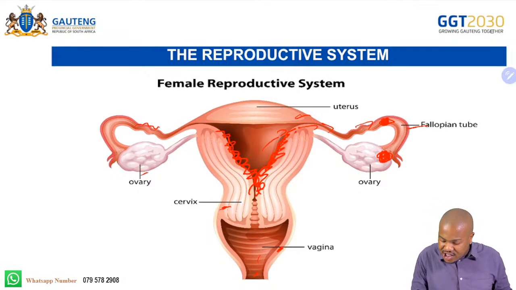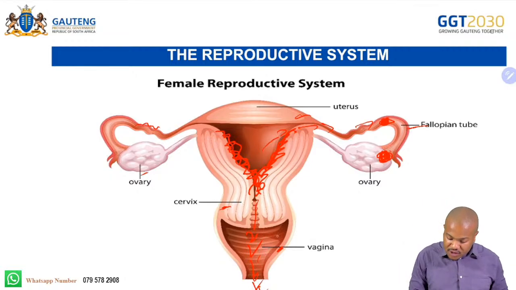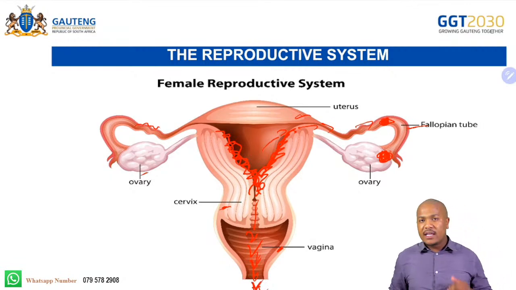It detaches from the endometrium and leaves in the form of blood, which we know as periods. It leaves from the uterus and via the vagina to the outside of the body.